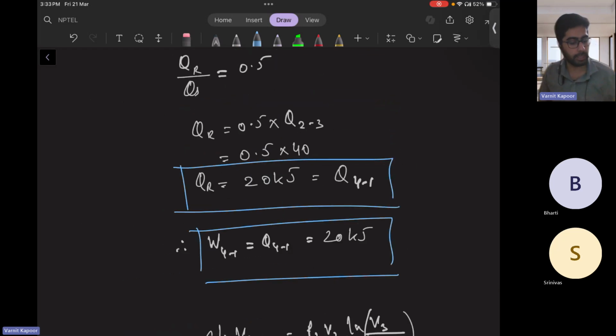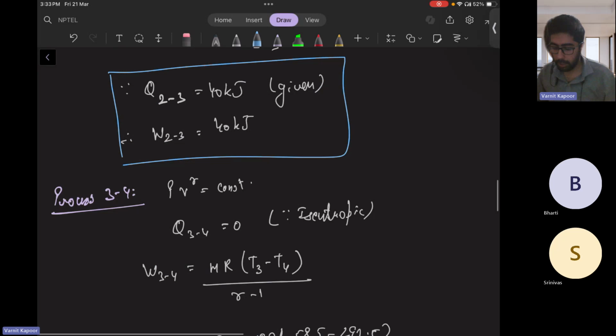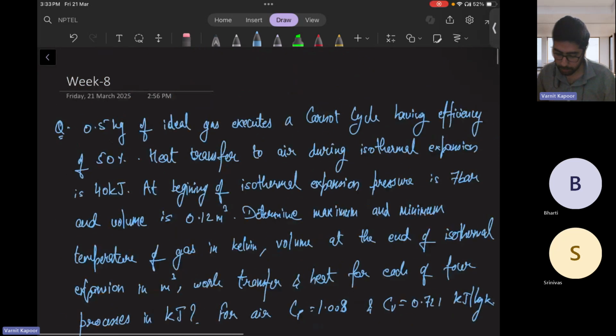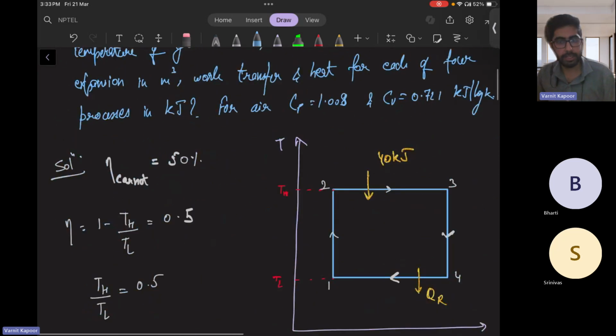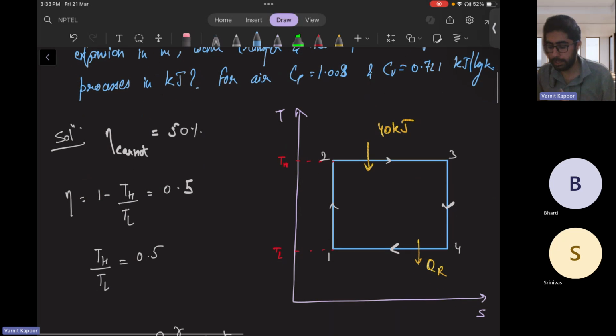Okay, so I'll explain once again the whole process. So there's a Carnot cycle, from 1 to 2, 2 to 3, 3 to 4, 4 to 1. Efficiency of the Carnot cycle is given to be 50%. Heat supplied in the 2 to 3 process is 40 kilojoules, that is your isothermal expansion process.